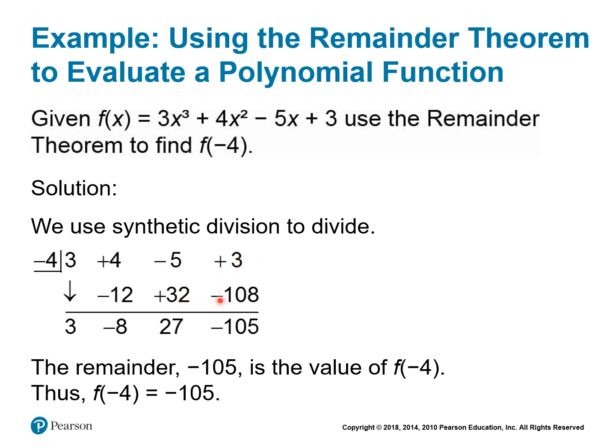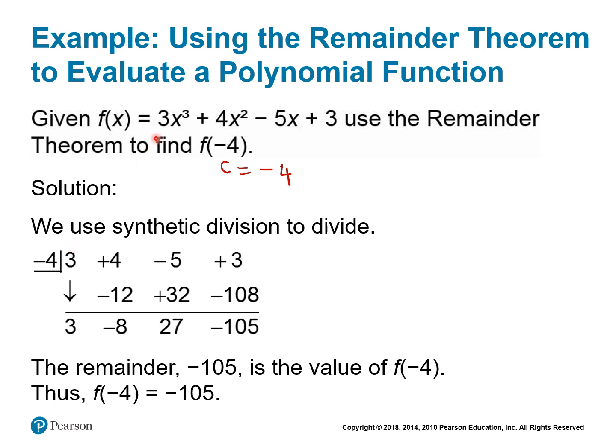So let's go through it. Now remember, in the remainder theorem they said f of c. All right. So our c value is negative 4. We use synthetic division to divide. So in the synthetic division process, remember, we pull the coefficients of the different terms in the dividend.